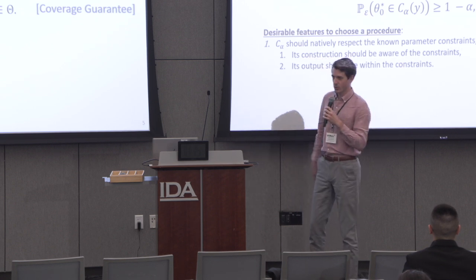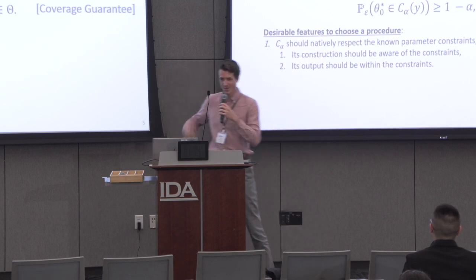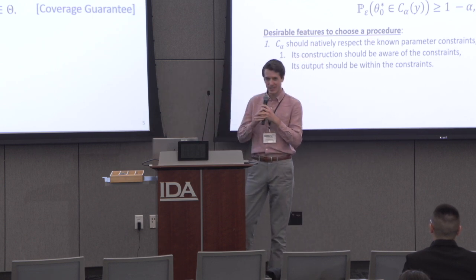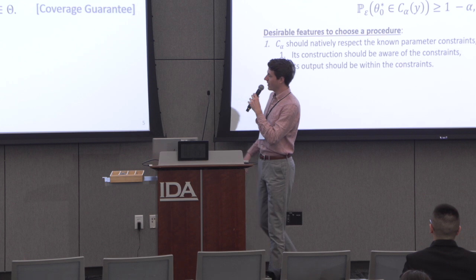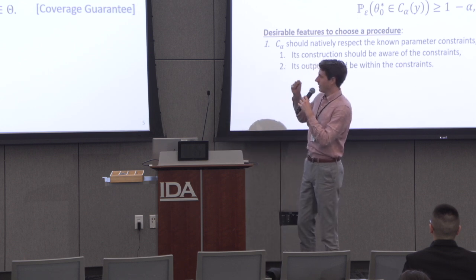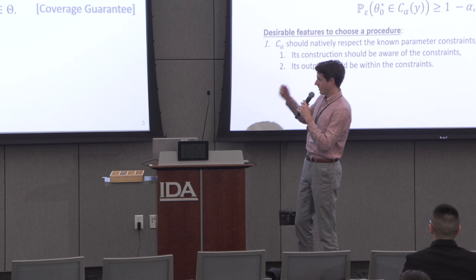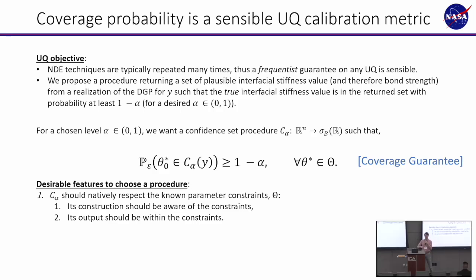This may sound trivial to folks who come from engineering, of course, your analysis should be physically realistic, but actually, in my experience, a lot of statistical methods, which are born out of different applications, do not necessarily respect this. So I'm going to want to control this procedure to have awareness of the constraints, both in the construction natively and in the output set. So the set should only return values that are physically possible.